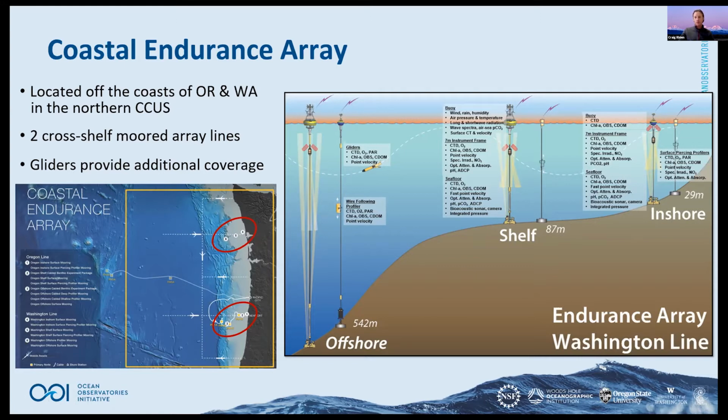Associated with these moorings are profiling systems. So those are inshore, and at the mid-shelf, these surface piercing profilers, and we'll see a little bit of data from those systems here shortly. And at the offshore site, there's a wire following profiler, which has a McLean profiler on it. And as you can see, the sensor packages tend to be installed at the surface, near surface at 7 meters, and then at the sea floor.